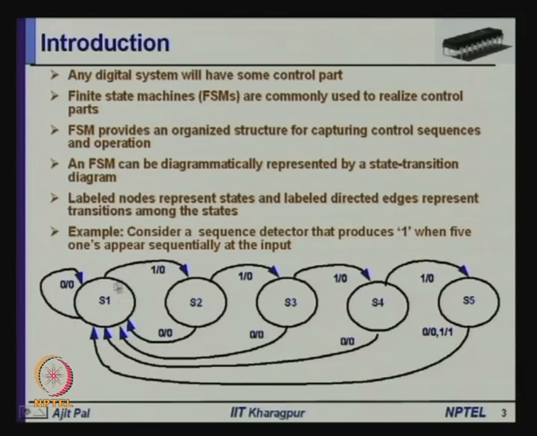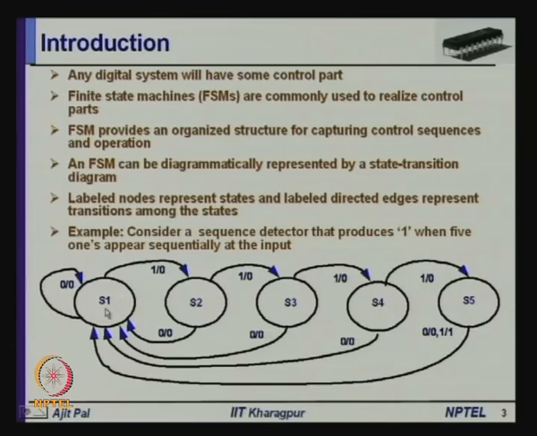And S1 we may call the initial state. So, if a 0 comes, it will remain in that state. Here that 0/0 represents the input first and the output second. So, the input and output for that transition are specified by the side of this edge.